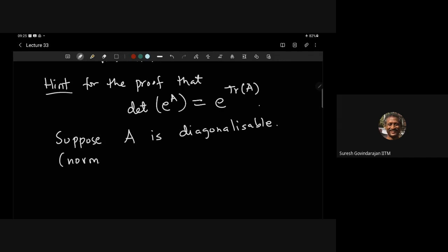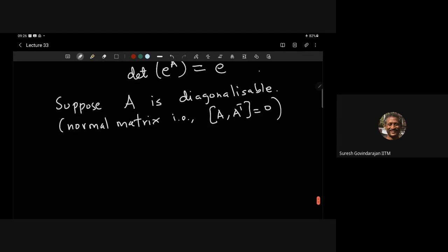Have you seen what a normal matrix is? Do we know what a normal matrix is? A commutes with A transpose. If it's complex matrices, it's A star transpose.